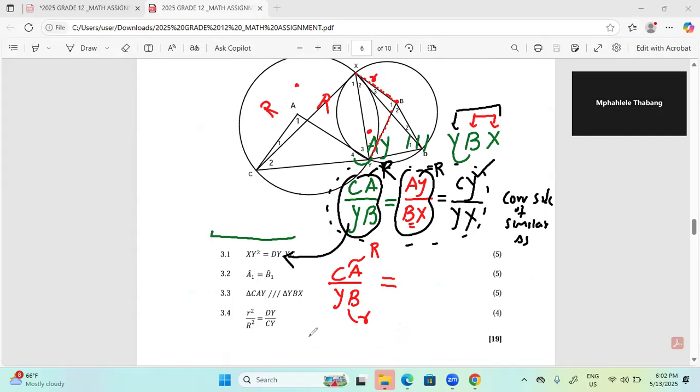How am I going to substitute YX? Because I don't need it. I've never used that tangent is perpendicular to the radius, and they are not even on the same triangle. This is going to be a bit tricky. So which one do I go for, AY over BX or CY over YX?